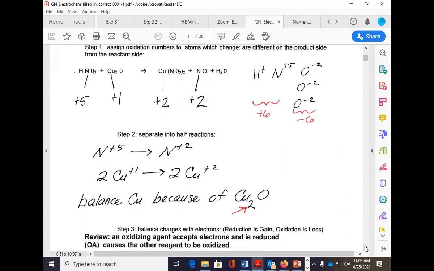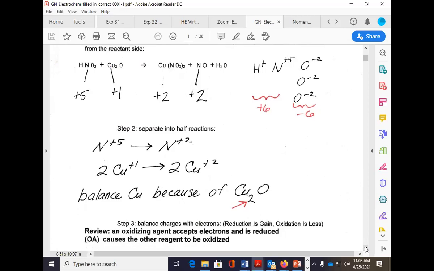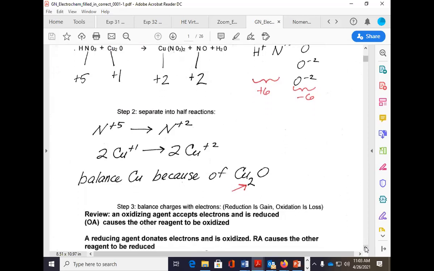You also need to know an oxidizing agent accepts electrons and is reduced, call it an OA. It causes the other reagent to be oxidized. A reducing agent donates electrons and is oxidized. A reducing agent causes the other reagent to be reduced.